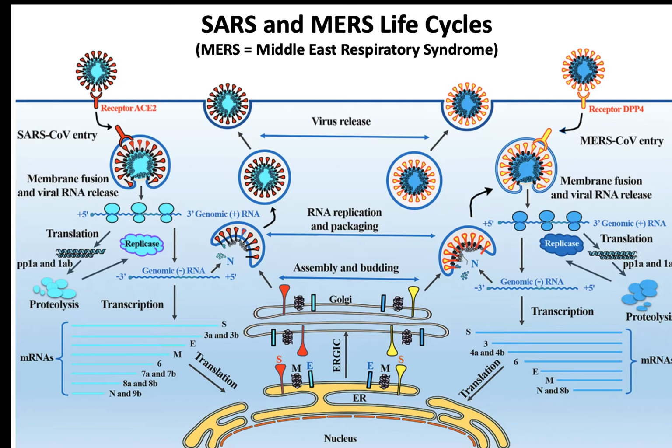The surface proteins, specifically the spike glycoprotein, sticking out of the virion, are the things that interact with the host cell, so that they become attached to those host cells and then infect them.